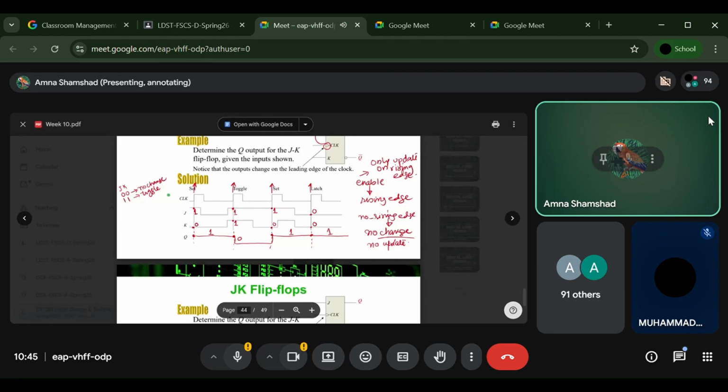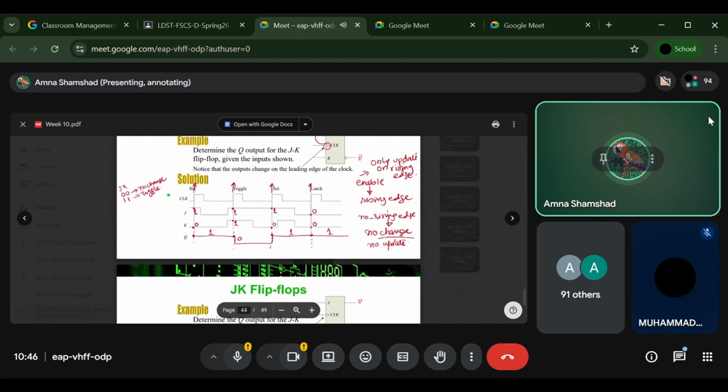So what will happen? When J is 0 and K is 0 and you have the positive edge triggering of clock, what will happen? If J is 1, means the set input is 1 and reset input is 0, then what will be the output for 1 0?